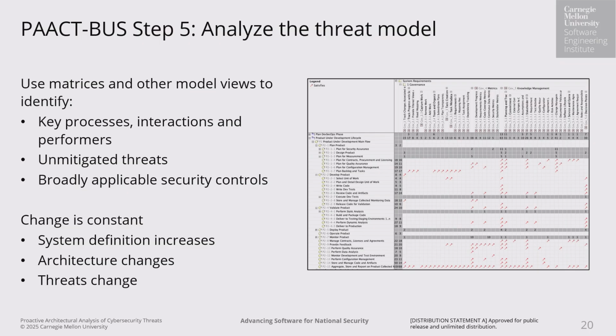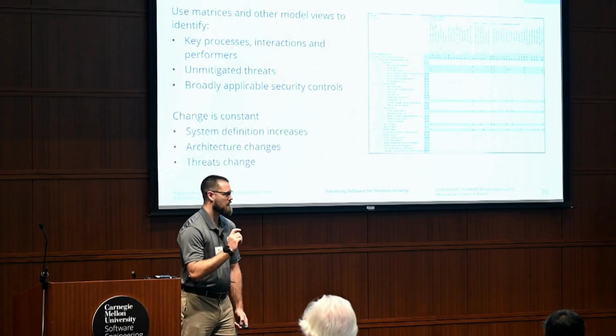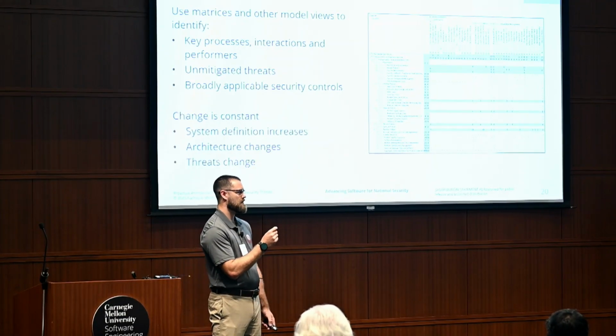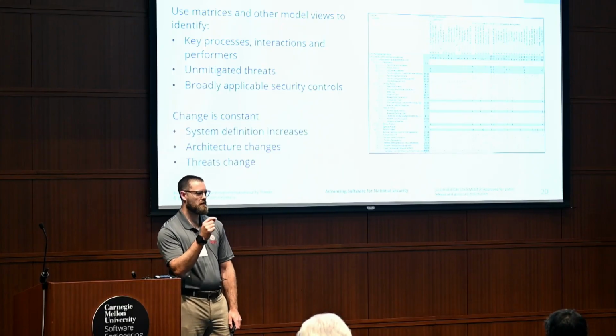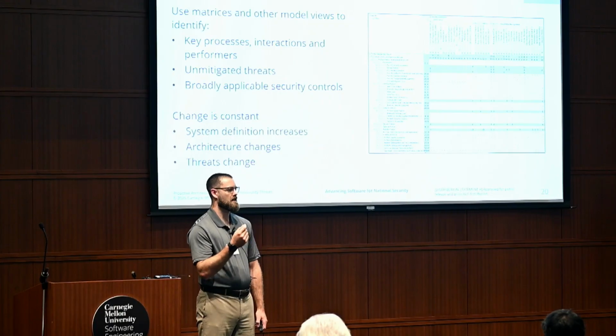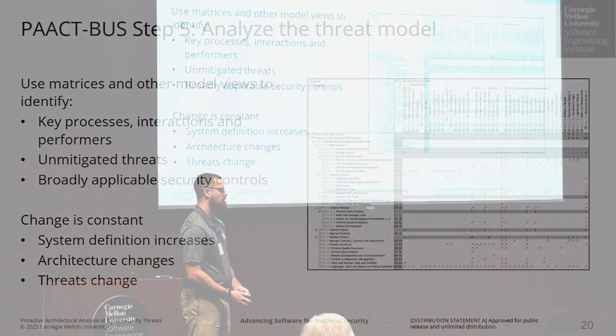Additionally, for other useful matrices, you can look at similar dependency matrices between your operational activities and threats. You can imagine a set of processes across the top of this matrix, and we have all of the threats that we've registered. If we see a large number of threats that affect a single process, all of a sudden we probably need to pay more attention to that process, and invest a little bit more in securing its implementation.